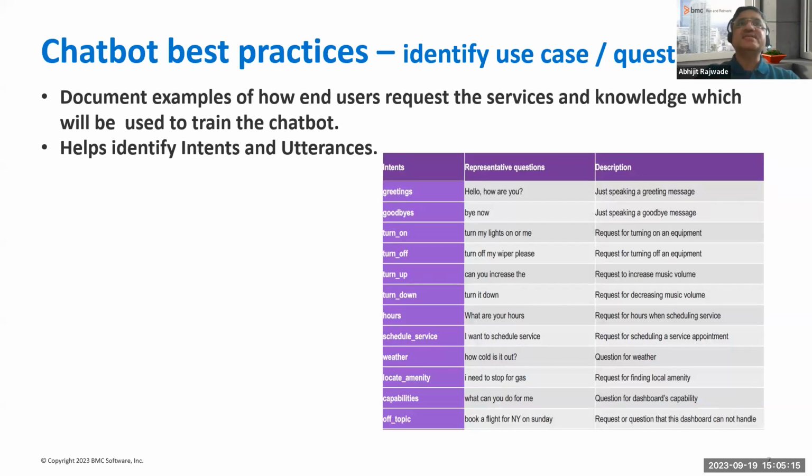On the right hand side bottom part, you will see a sample spreadsheet. It has columns for the intent, that is the intended action, and then the representative questions from your end users, and then there is some description that describes what the intent was expected to do.